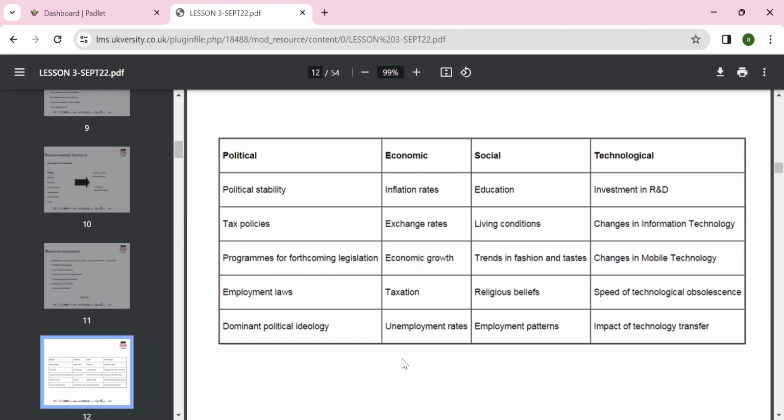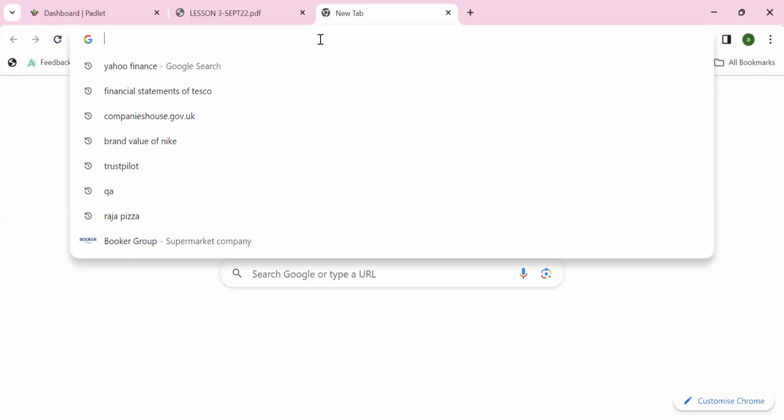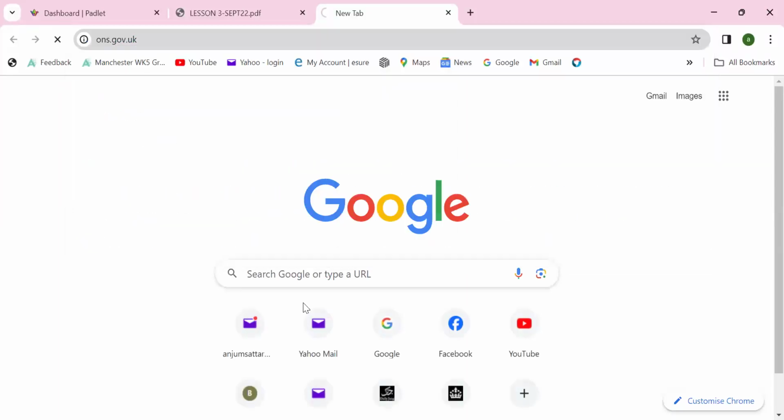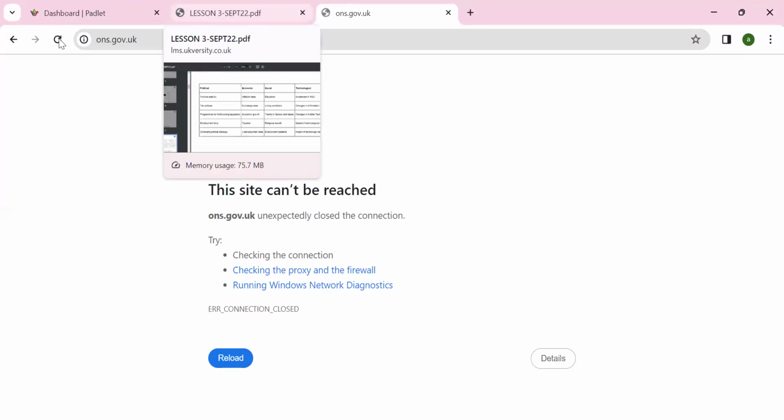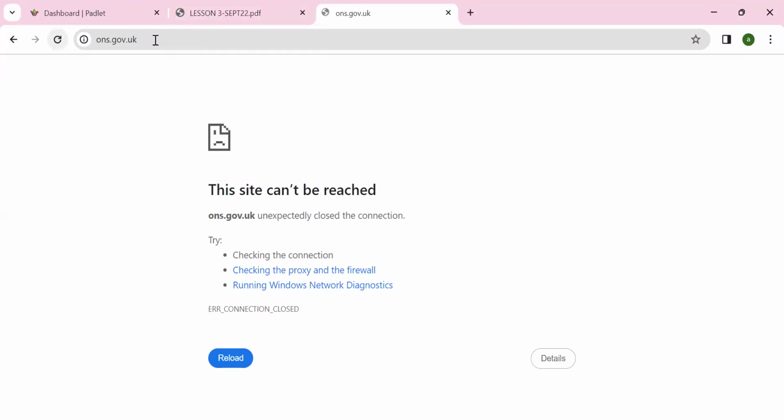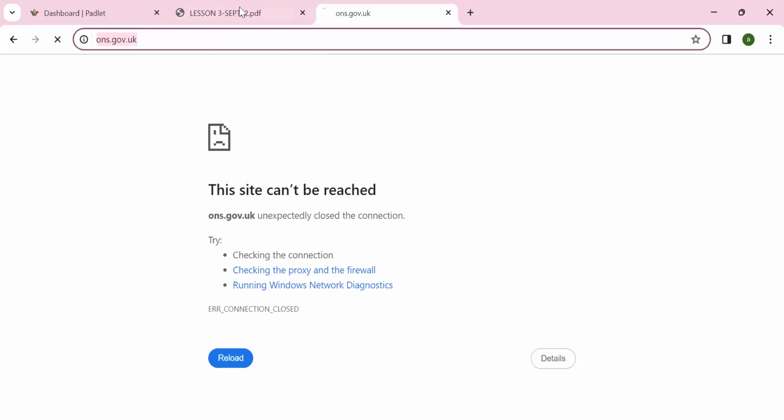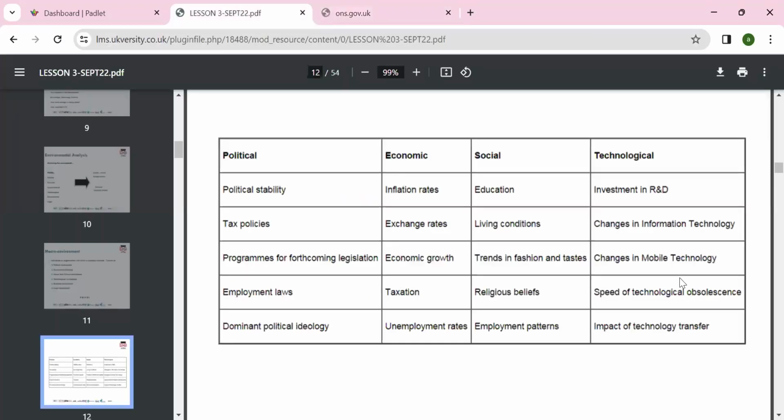For the economic factors, we can look at whether the inflation rate is high, low or medium. In the UK we have the ONS, the Office for National Statistics, which is a good website where you can find what is happening in the external environment. That is quite crucial and helps you. For some reason the website is down, but you can go to ons.gov.uk.